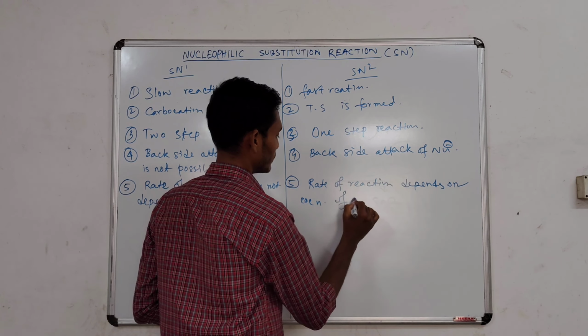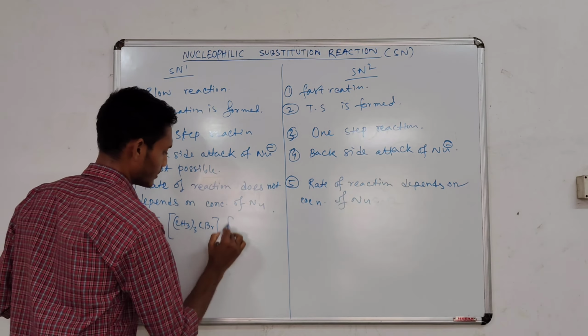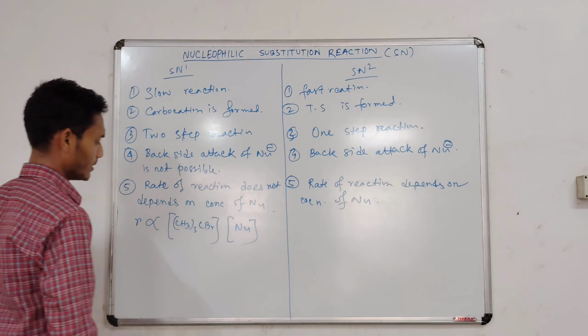So we can write the rate of reaction is proportional to the concentration of substrate, that is tertiary butyl bromide. It depends only on the concentration of substrate, so we write 1, and for nucleophile we write the power 0.